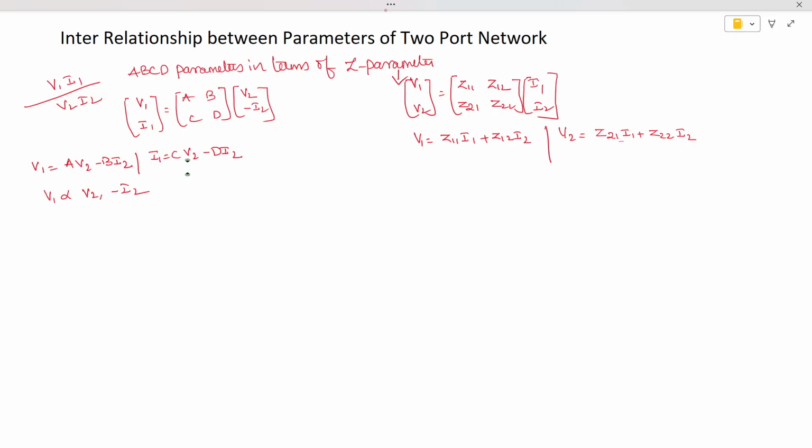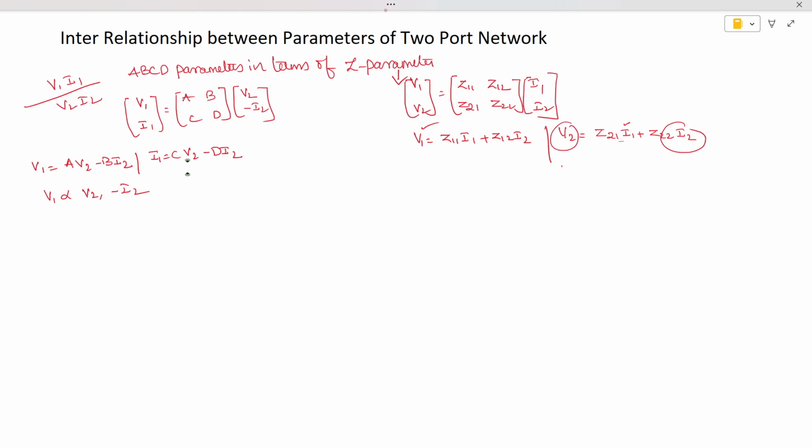Which equation is suitable? Let us check. The V1 term should be there, or let's check I1, V2, I2. So I1 is there, V2 and I2 are there. So we want to find out I1 here.